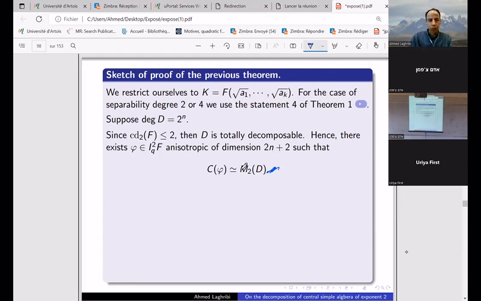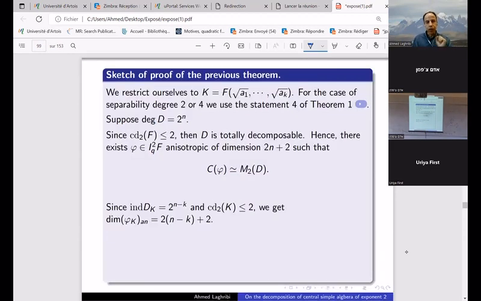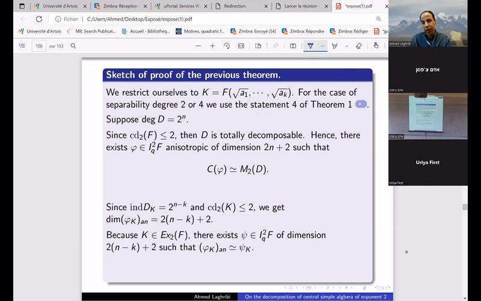Now, since the index of D_K is 2^(n-k), and the cohomological two-dimension of K is at most 2, we have this condition: the dimension of the anisotropic part of phi_K is 2(n-k)+2. And because K is excellent, this form can be written like this, for some psi in I^2 Q F of dimension 2(n-k)+2.